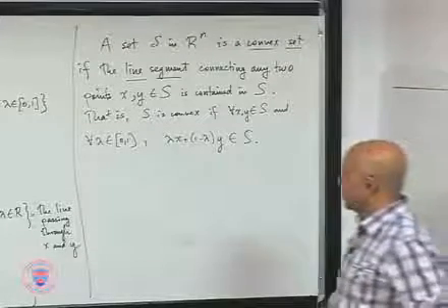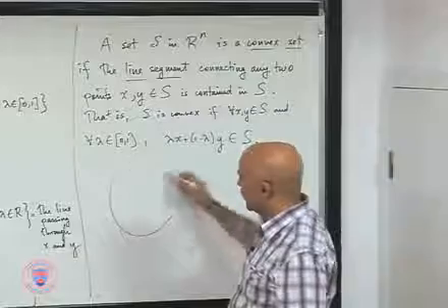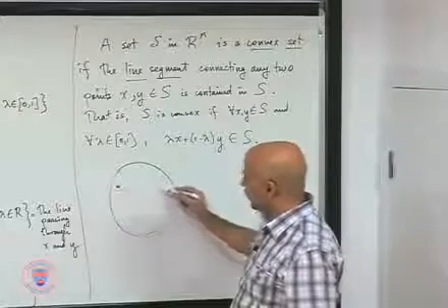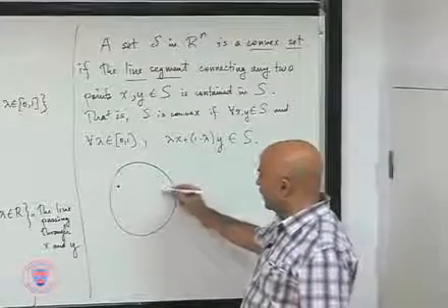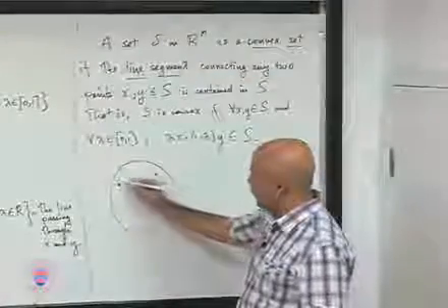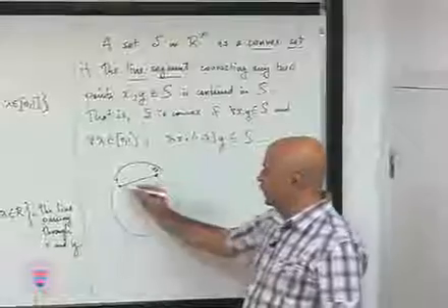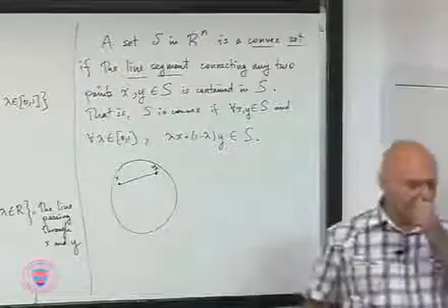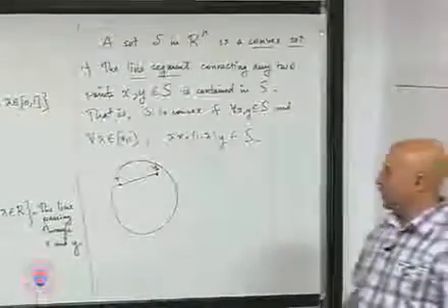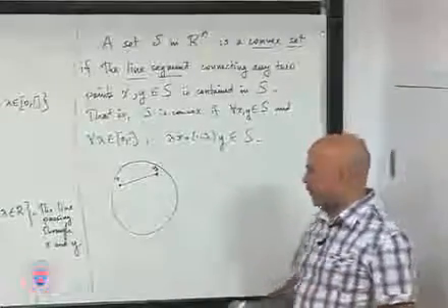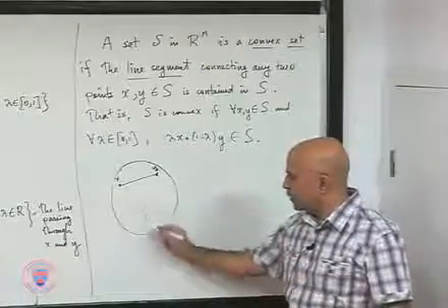Okay. So here's a convex set, because if you pick any 2 points, x and y, inside the set and look at the line segment between them, it lies entirely within the set. And this is true for any choice of x and y. So this set is convex.